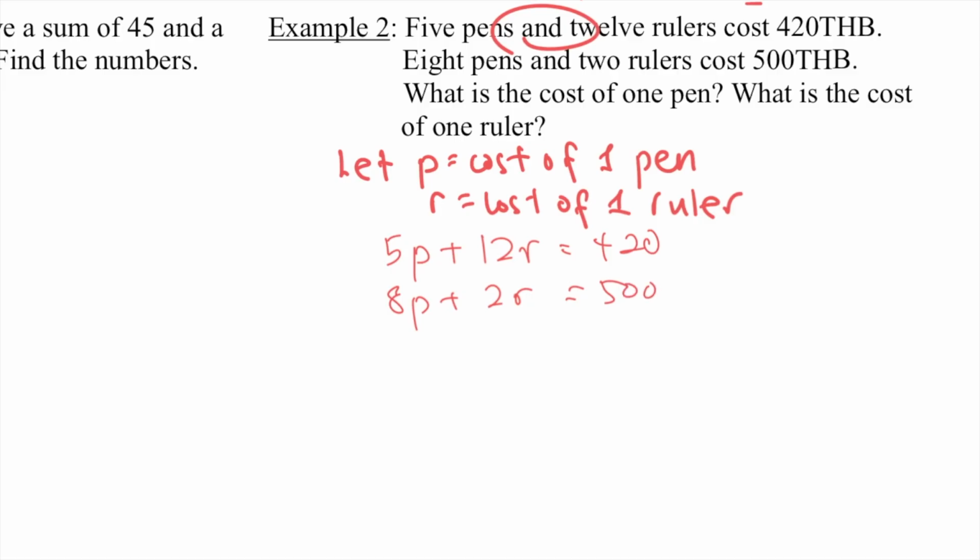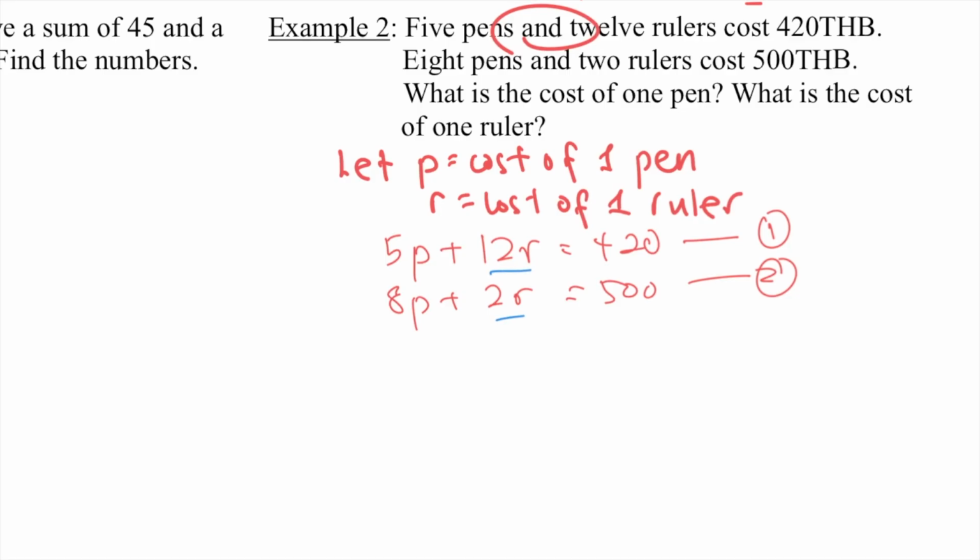You can see here the variables don't have the same common coefficient. So I'm going to think about which variable I want to eliminate, and I need to transform one equation so that I can eliminate the variable. In this case, I'm going to look at R because I have a 12R here and a 2R here.